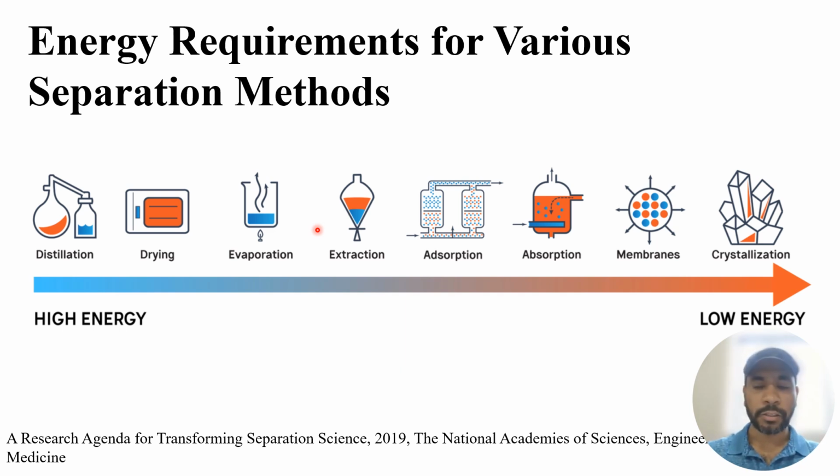So as a result, it also requires a huge amount of energy, but it is lower than thermal processes such as distillation, drying, evaporation. After extraction, the next one is adsorption. So in adsorption, typically a certain molecule is separated from a mixture. Mostly for dilute sources, adsorption is more suitable.